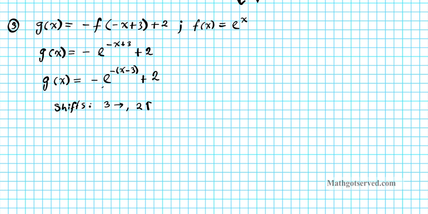Okay, we have minuses here, so you're going to have reflections. Since there's a minus in front of the function, that means there is going to be a reflection along the y-axis up and down. And then since there's a minus next to the x here, there's also going to be a side-to-side reflection. So we're going to have reflected up and down and then side to side.